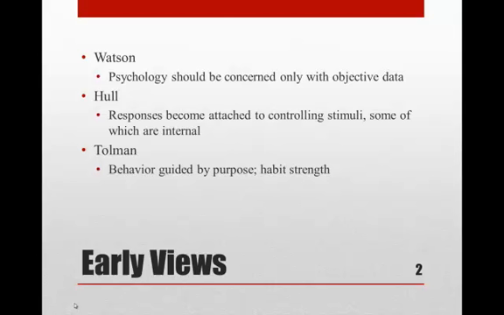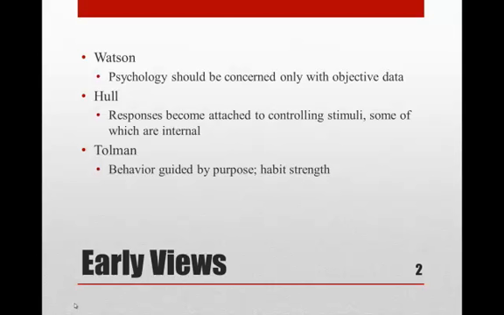So maybe we're trying to get somebody to answer a question in class, and we say, okay, we are going to offer a small package of M&Ms to anybody who answers a question in class, and maybe some kids are responding and others aren't. Hull would say, well, that's because maybe some people don't like M&Ms. Maybe some people are full, so they don't want any M&Ms. And so those are internal things that might mitigate your response to behavior.